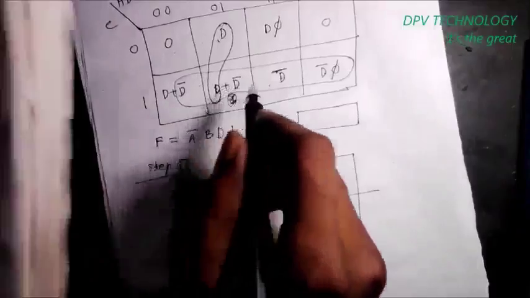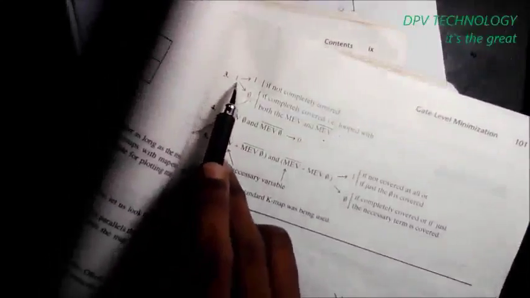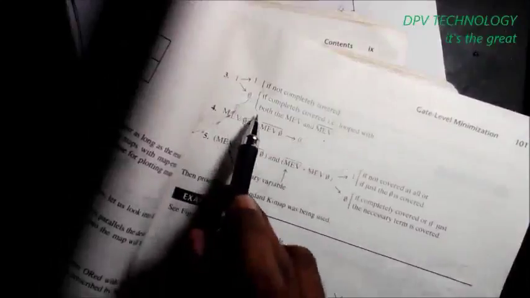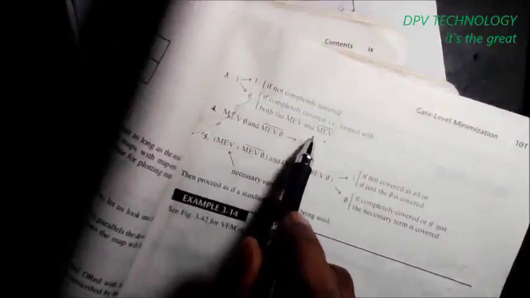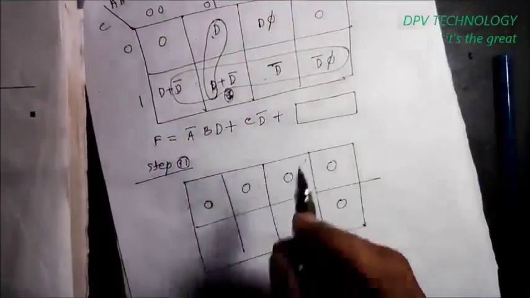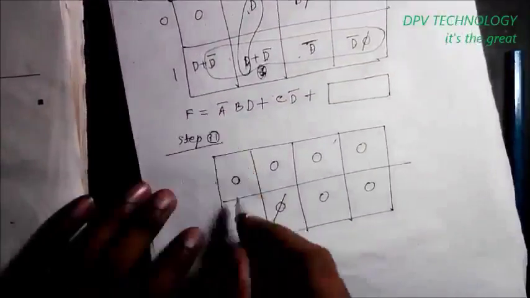When this is completely covered, and according to rule number 3, it will become don't care. You can see here 1 means here D or D bar, it will become don't care if completely covered. That is loop with both the MEV and MEV bar. Here MEV is D, MEV bar is D bar, so it is completely covered, so it will become don't care. And this is not completely covered, so it will become 1.